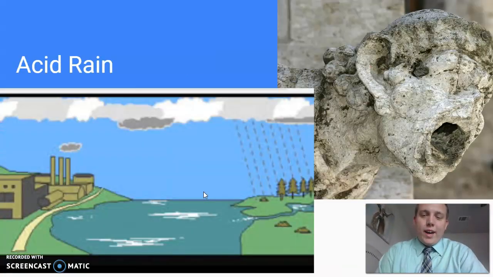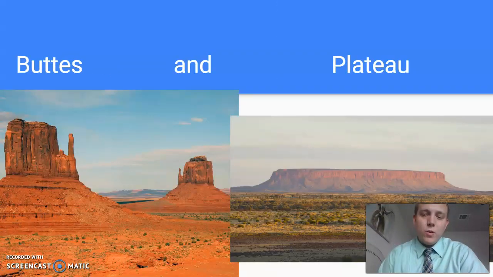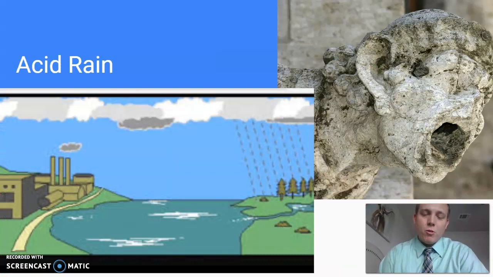And then a quick word about acid rain. Acid rain is a kind of chemical weathering. So these would be kinds of physical weathering, and acid rain would be more of a chemical weathering. And over time, we can see how the pollution that gets in the atmosphere can affect the rains that come down on our land.